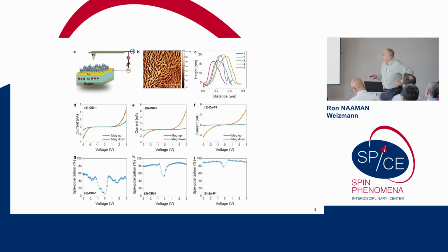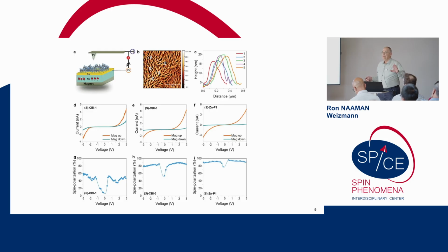Okay. And so we measure the current, and that's what we get. We get different current for the different orientation of the magnet. And then we define spin polarization. People may claim that it's not really the spin polarization, it's the magnetoresistance of the system.